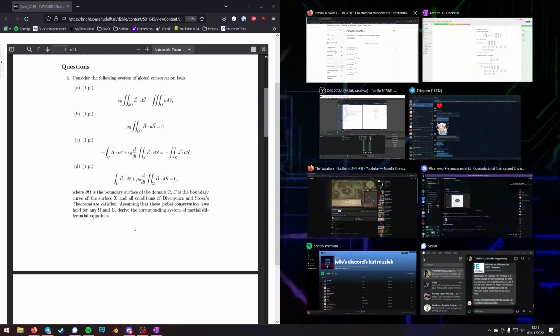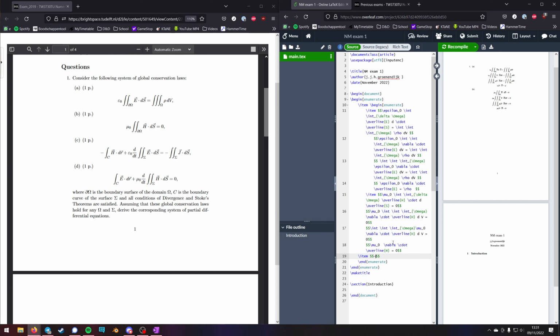Okay, for this I'm just gonna keep two windows open. Minus the integral over c, whatever c may be, of h dot dr plus epsilon 0 d/dt of the integral over sigma of e dot ds equals negative the integral over sigma.